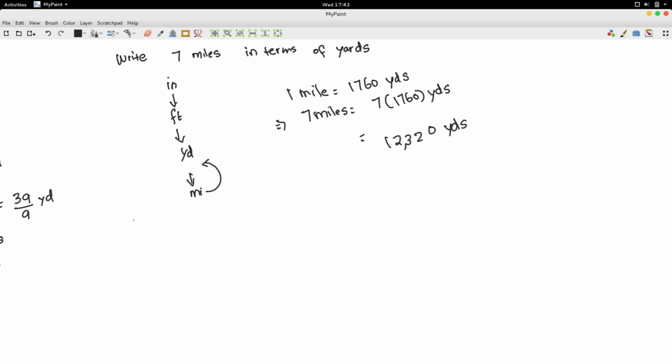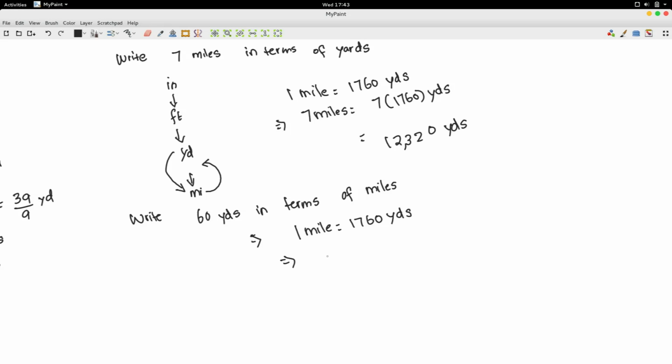Suppose we want to convert 60 yards in terms of miles. So we have to go from yards to miles, forward direction. So we know that 1 mile is 1760 yards.